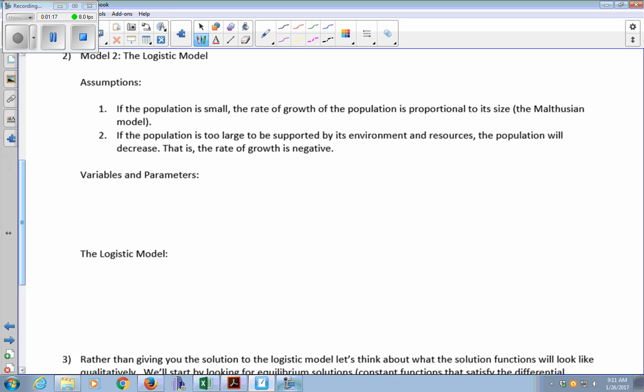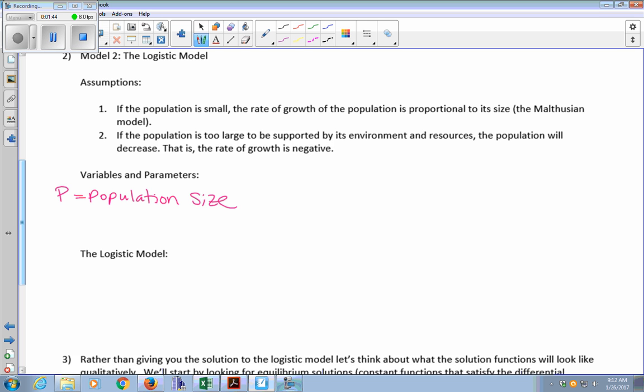Again, our most important variable here is P, population size. And there's a hidden parameter in here, some critical amount. If the population is small, it grows fast, proportionally to its size.